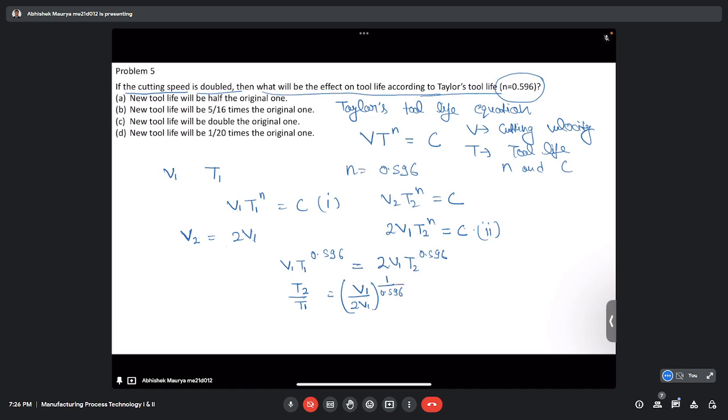If you calculate t2 in terms of t1, you will get t2 equals to 0.3125 of t1, or t2 equals to 5 by 16 times t1. So what will be the correct answer? B.